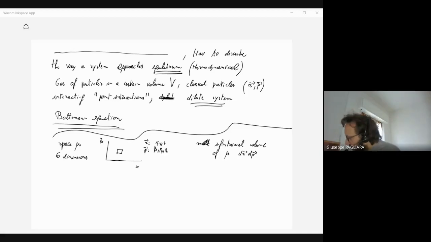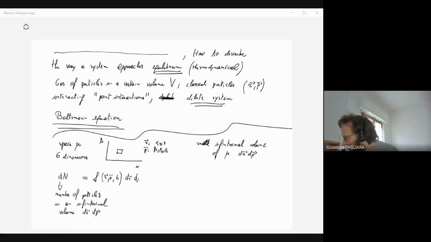Now, suppose that in this small volume dr dp we have dn particles, so the number of particles in an infinitesimal volume dr dp, and let us define a function that we call f of r, p, and in general also time, times dr dp.